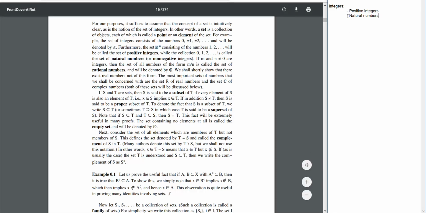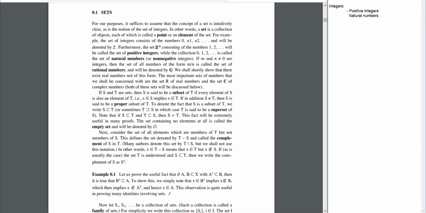So we can remove this. So it's positive integers, natural numbers, non-negative integers, right?